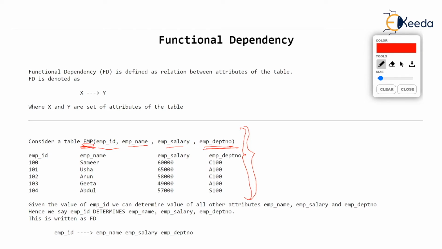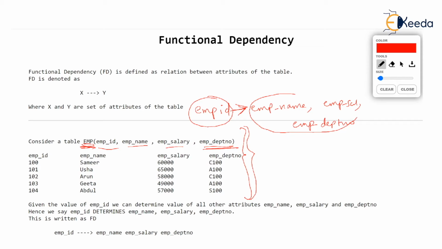Now I am writing one FD over here. EMP ID determines EMP name, comma, EMP salary, I'm writing in short, and EMP department number. What that means is that EMP ID alone, the single attribute, can determine EMP name, EMP salary, and EMP department number.